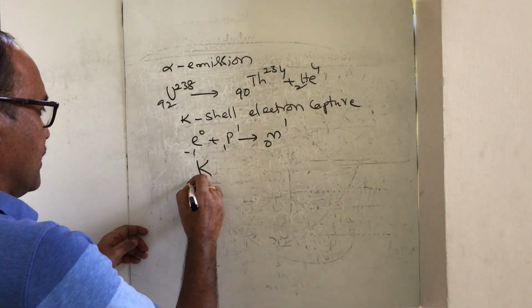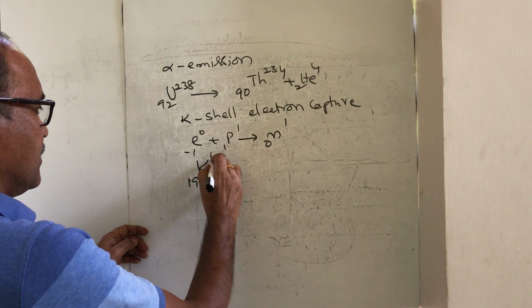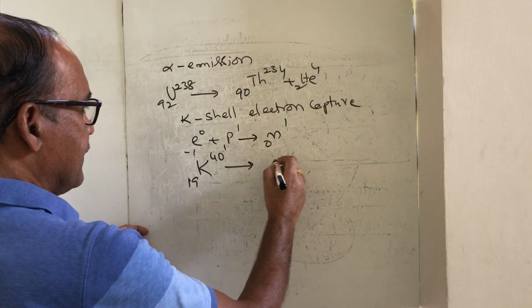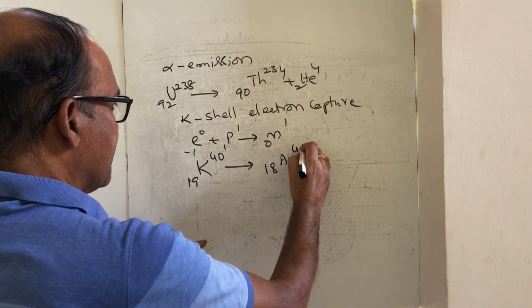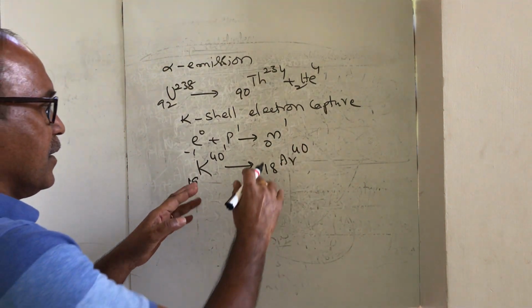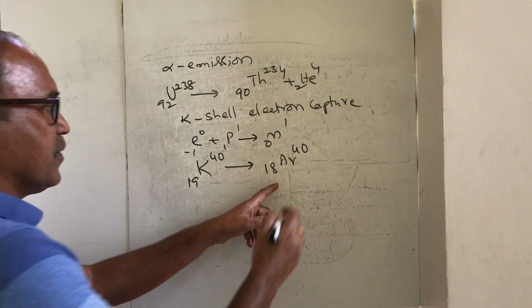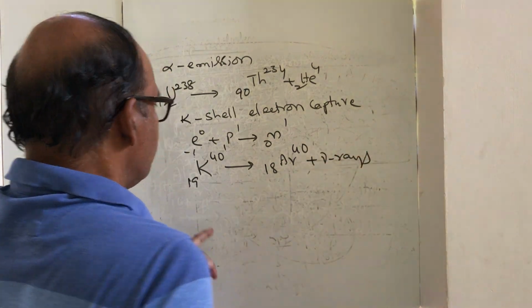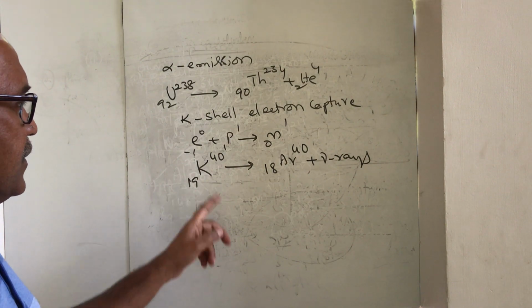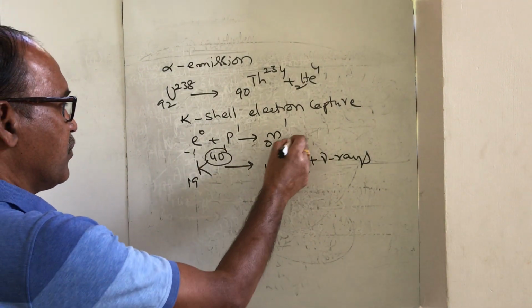This was found in potassium-40, where the proton number is 19 and it becomes argon-40. Generally, once this results from the nucleus, gamma rays are emitted. Here, this is again a form of isobar formation.